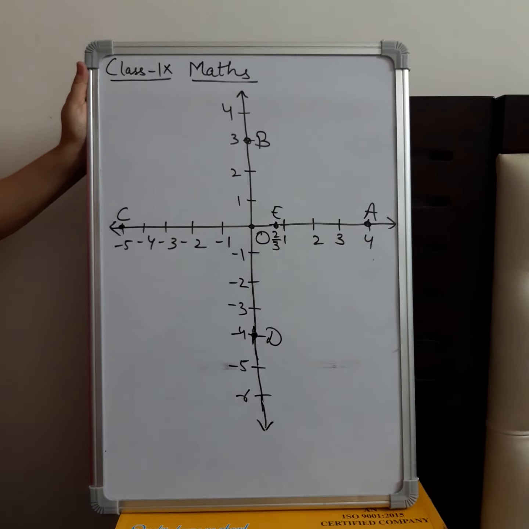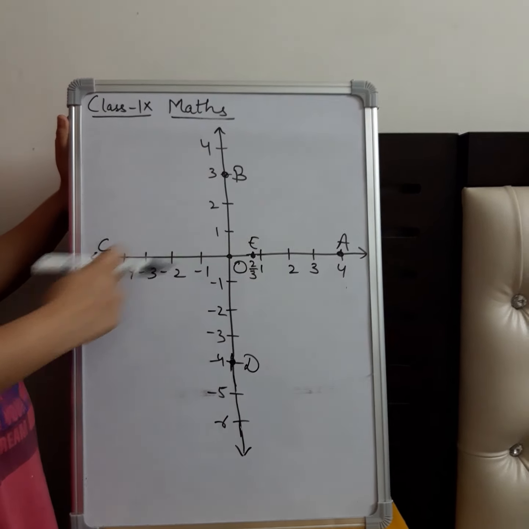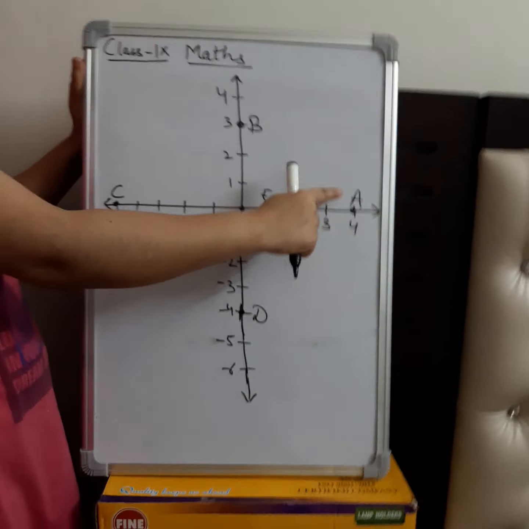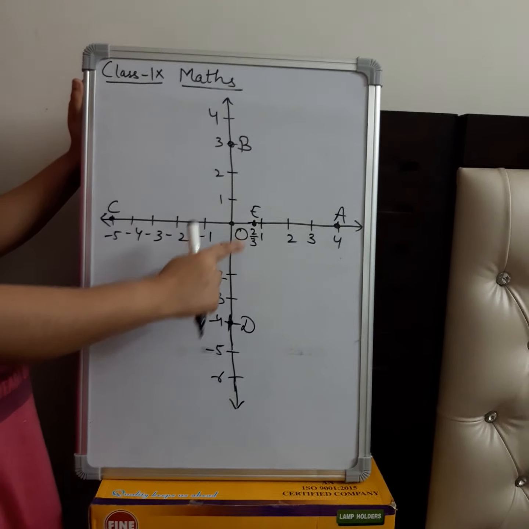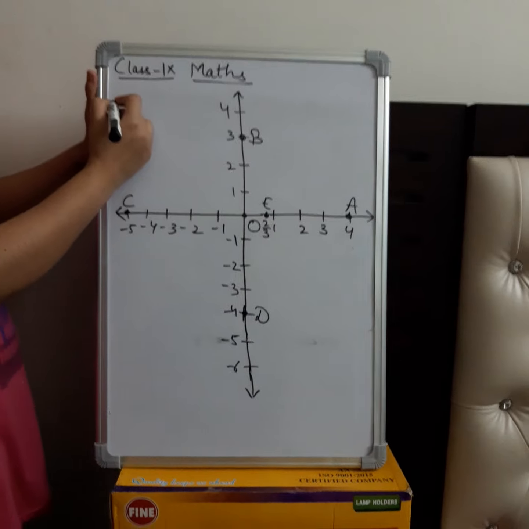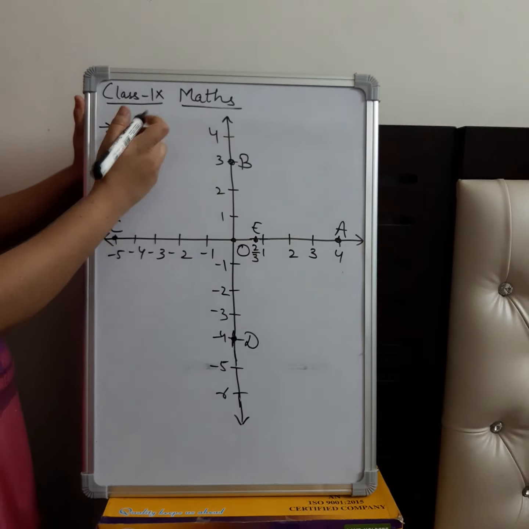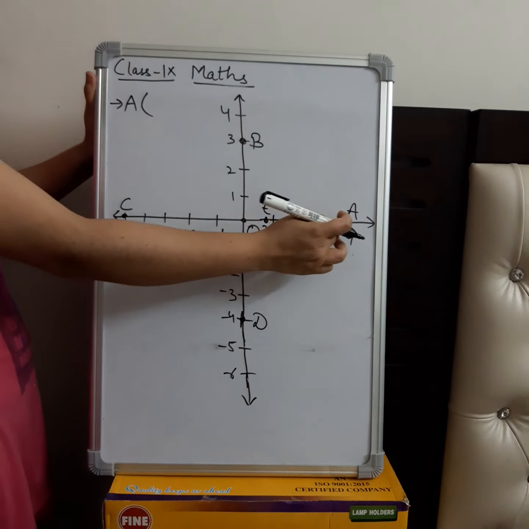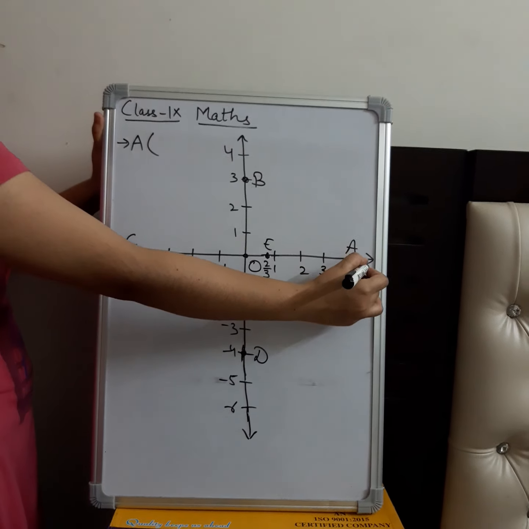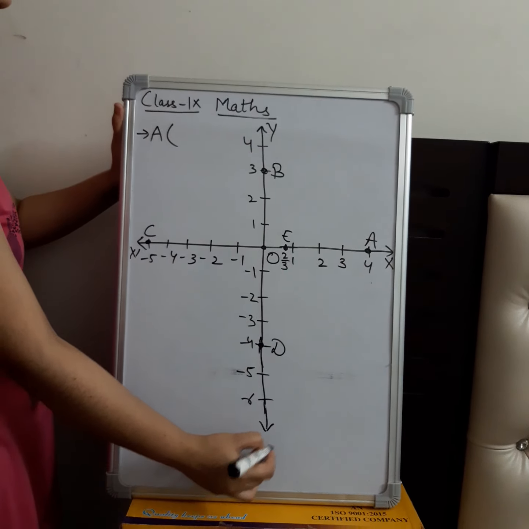Now the next question is we have to tell the coordinates of the points. You can see here 5 points are given: A, B, C, D and E. We have to tell the coordinates. So I am writing it here. Firstly the coordinates of A. The x value is 4, and this is the x-axis and y-axis.